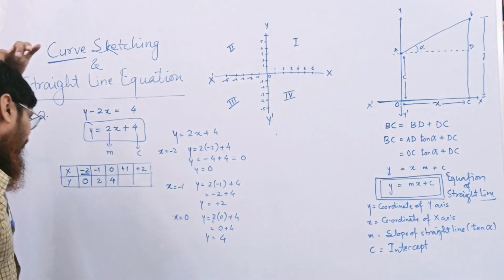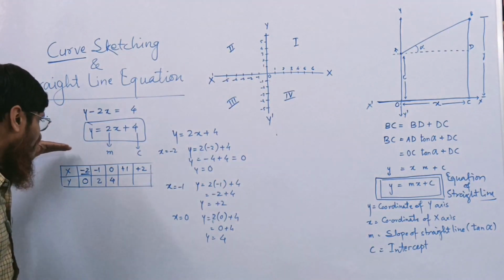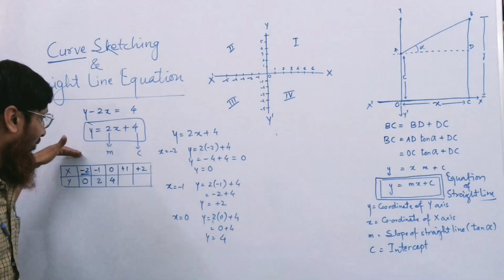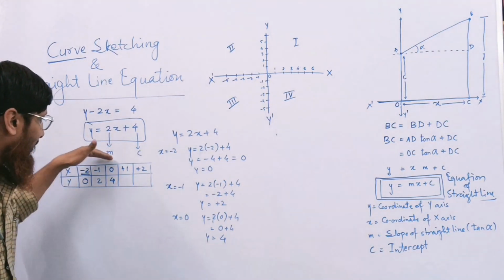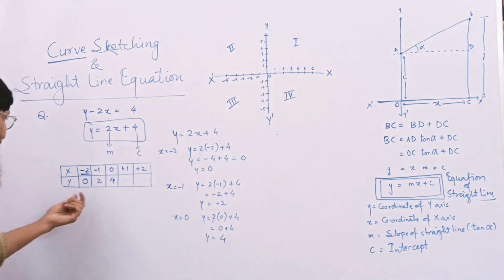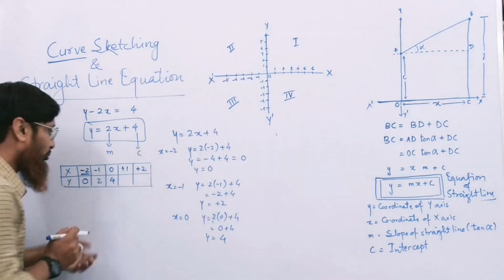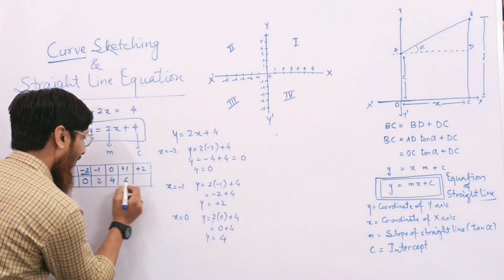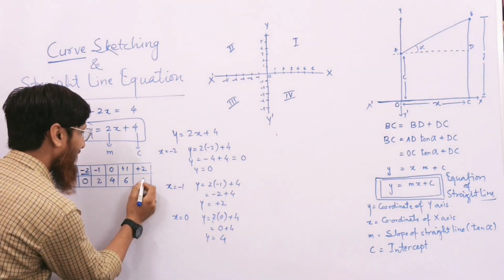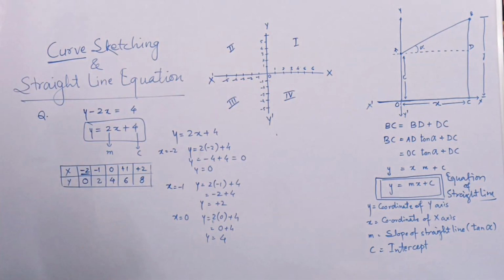So here we can see that as we are moving forward from minus 2, minus 1, 0, plus 1 and plus 2, we are getting the dependent variable y as 0, 2, 4, then 6 and then 8 as the answer.